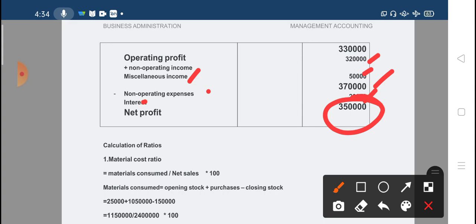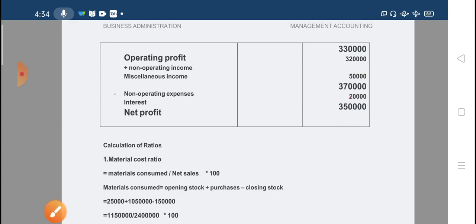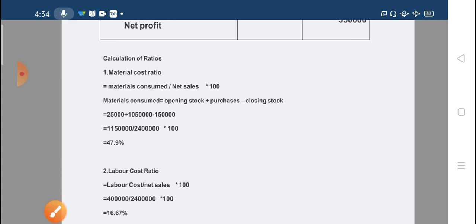Now let's calculate the ratios. The first ratio asked is material cost ratio. Formula to calculate the material cost ratio: material consumed divided by net sales into 100.